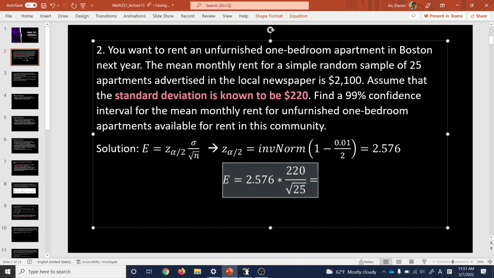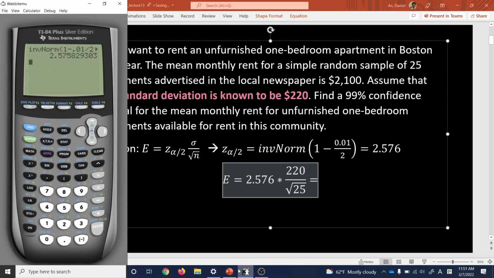Let's calculate: 2.576 times 220, divided by the square root of 25, and then enter. And you get 113.344.